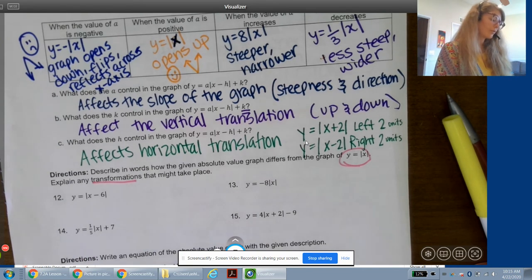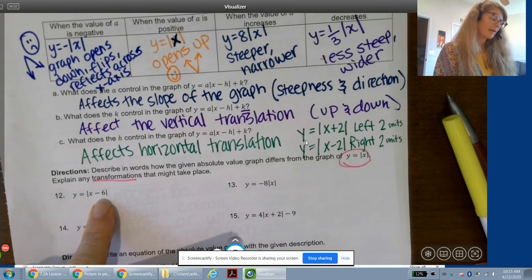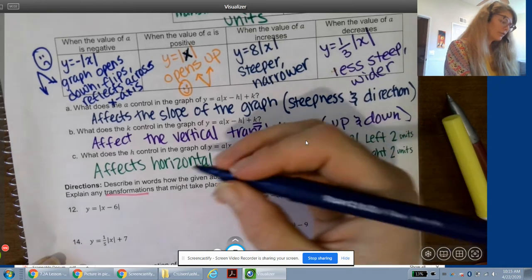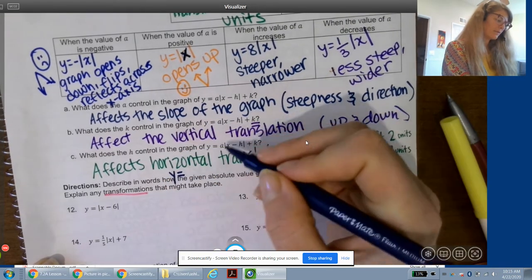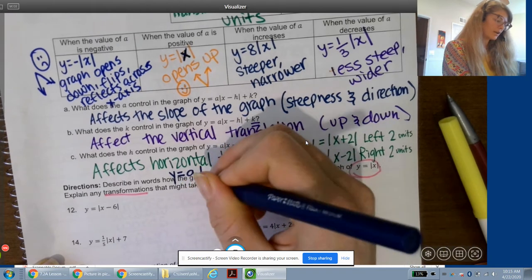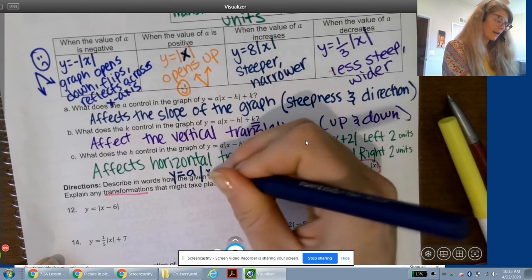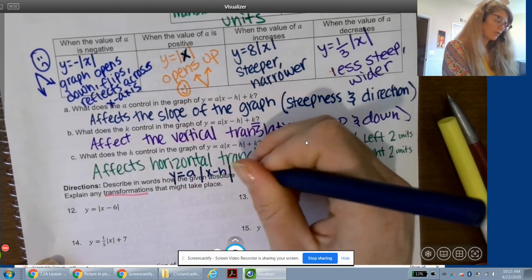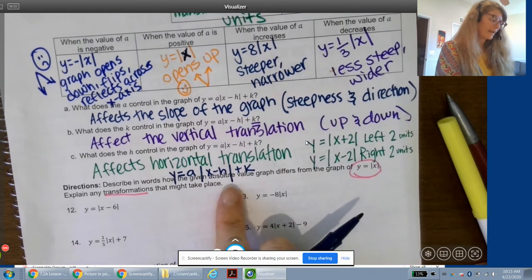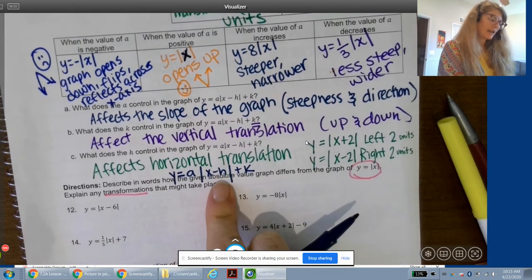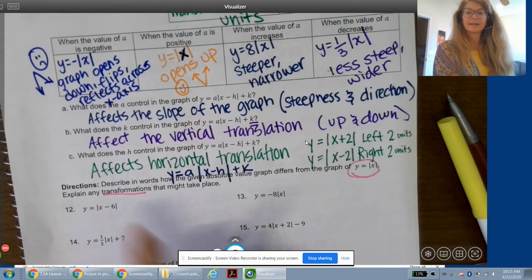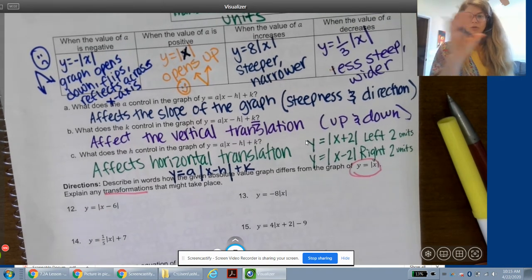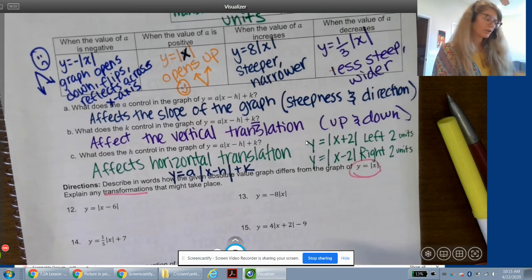So number 12, y equals the absolute value of x minus 6. Sometimes I like to rewrite this form of the equation, y equals a times the absolute value of x minus h, all plus k. Minus 6, that's an h value. Remember, that's on the inside, so it's affecting x. H, horizontal, it's affecting the x direction.